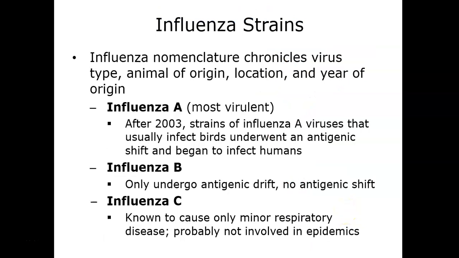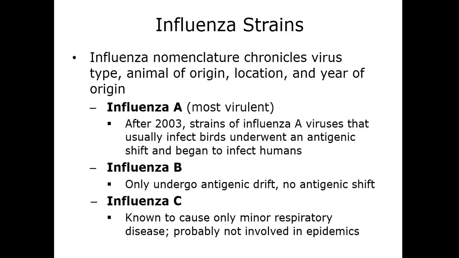We mentioned earlier that there are three different types of influenza strains. Influenza A is the most virulent, and it usually infects birds. After 2003, we began to see it shift to infecting humans much more. Influenza B only undergoes antigenic drift, so slight changes to the genetic code, no antigenic shift.